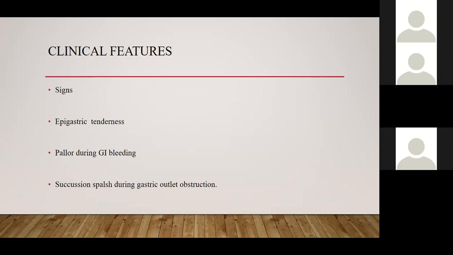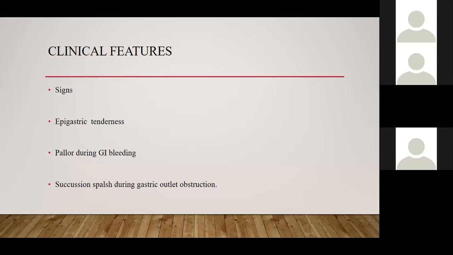If they are vomiting blood, then they will be pale. If they have a gastric outlet obstruction because of some sort of adhesion or a stricture that has formed in the pyloric region, they'll have what we call a Succussion splash.